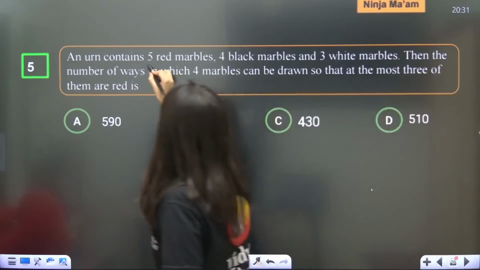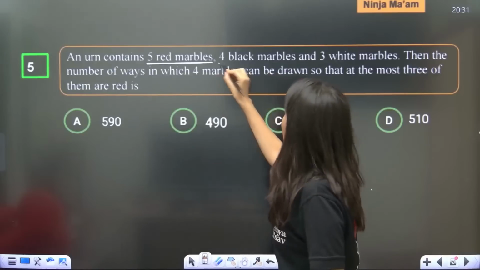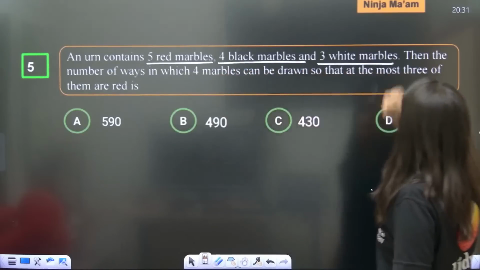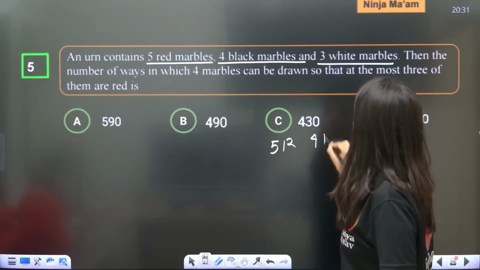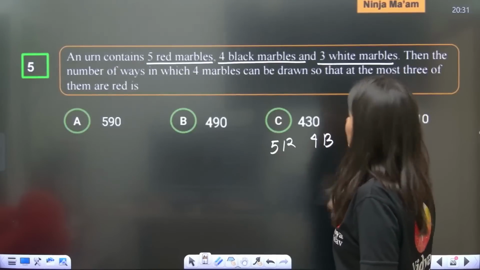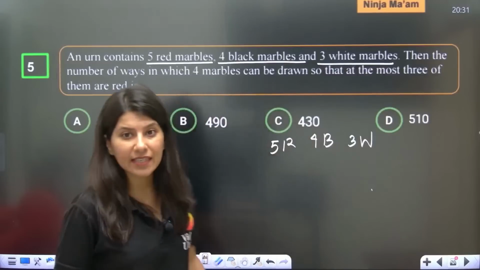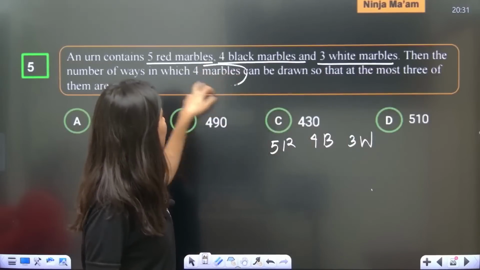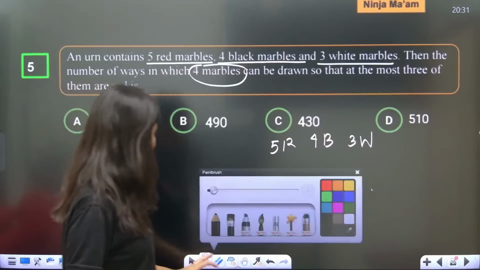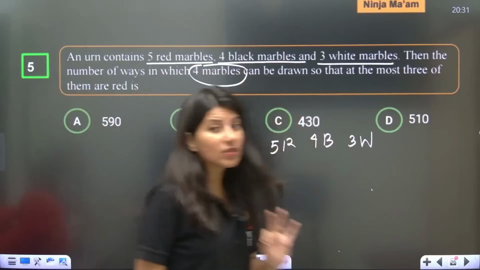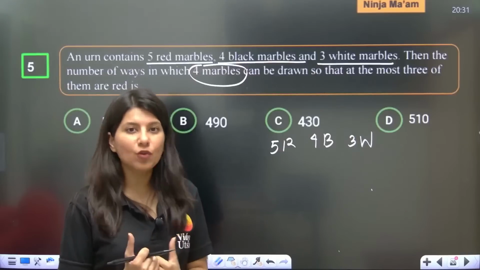Urn contains 5 red marbles, 4 black marbles and 3 white marbles. Okay. 5 red, 4 black and 3 white. Then the number of ways in which 4 marbles we need to draw so that at most 3 of them are red. At most 3 of them are red. So we need to draw 4 marbles.